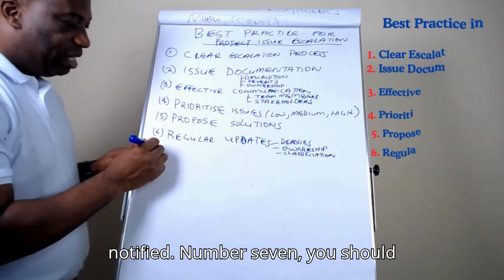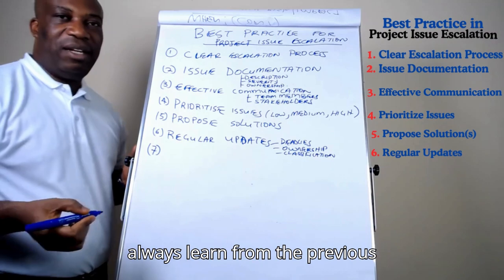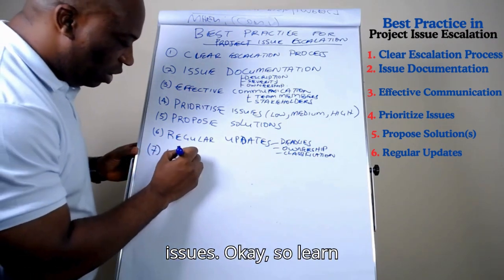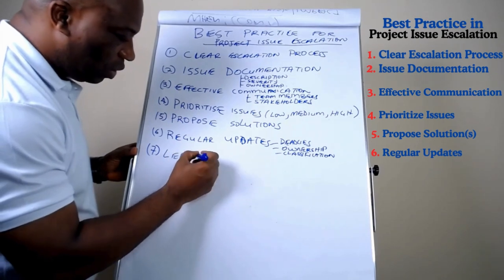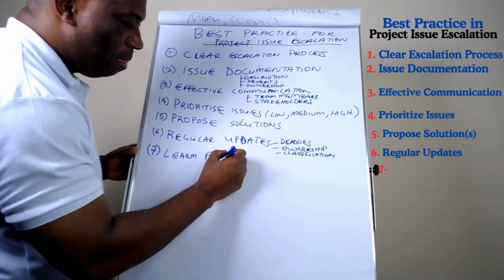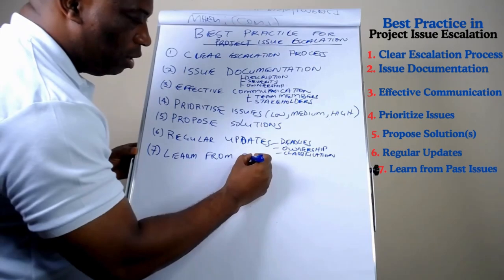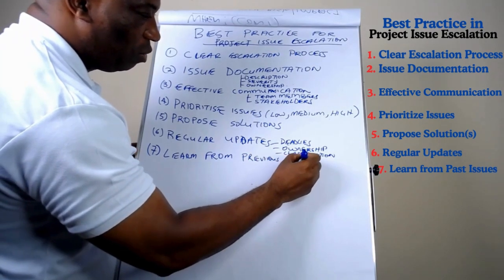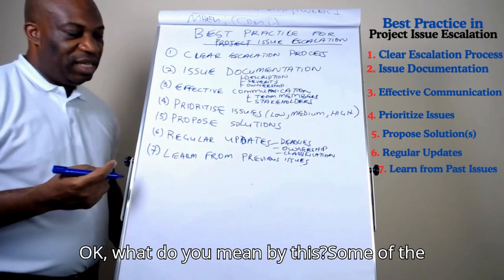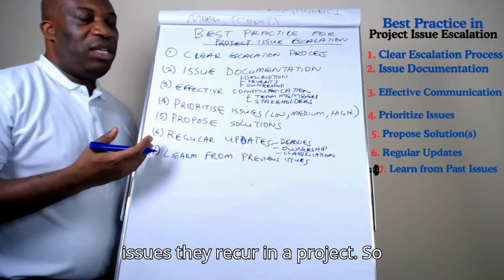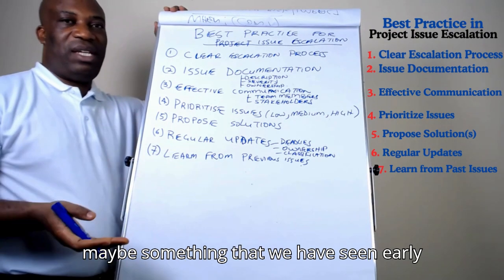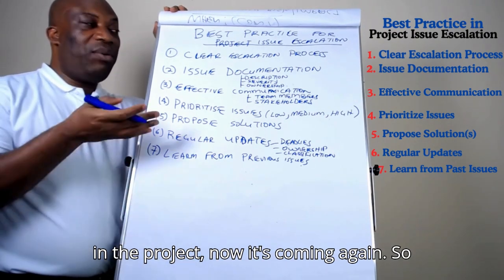Then number 7, you should always learn from previous issues. What do you mean by this? Some of the issues recur in a project. So maybe something that you have seen early in the project is now coming again.